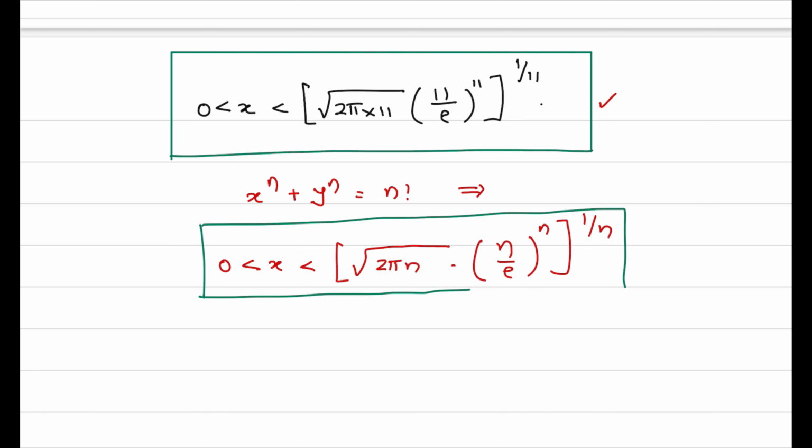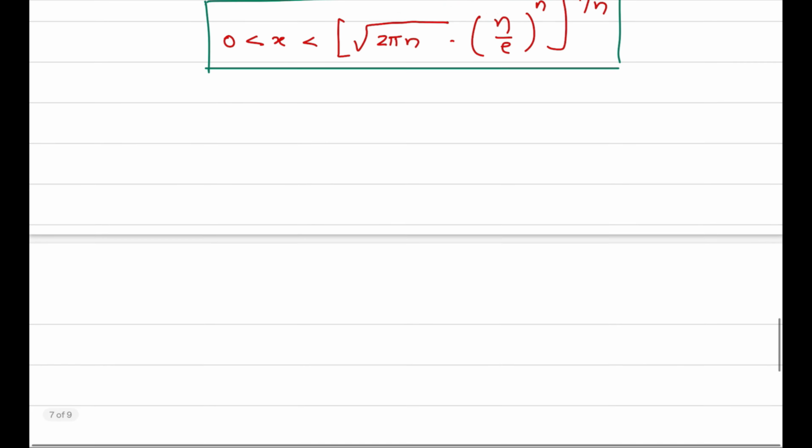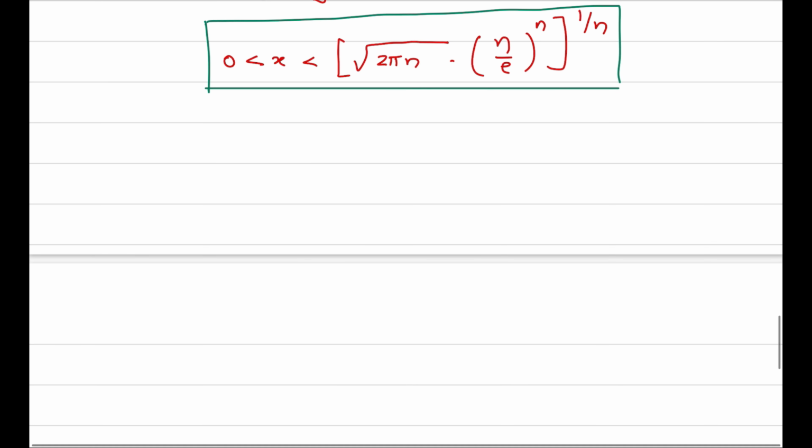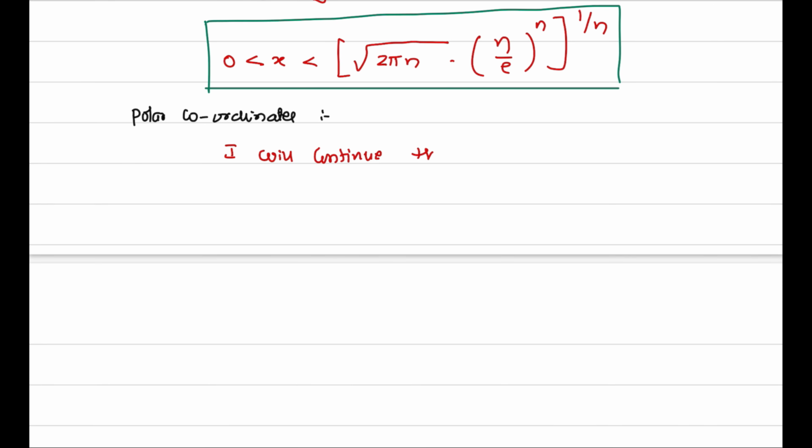Second, I have promised you that I will go to polar coordinates and I will explain you. For solution in polar coordinates, I will continue this lecture in the next class and I will give the solution in the polar coordinates. Till that time you can think and try to solve.